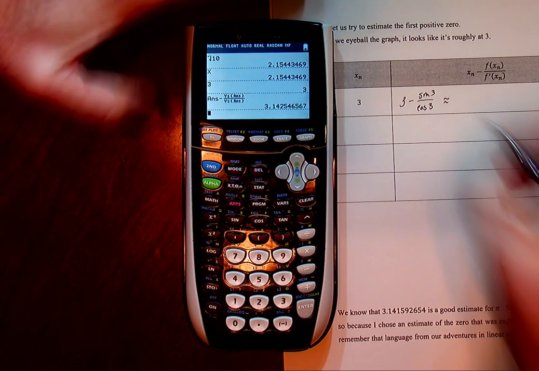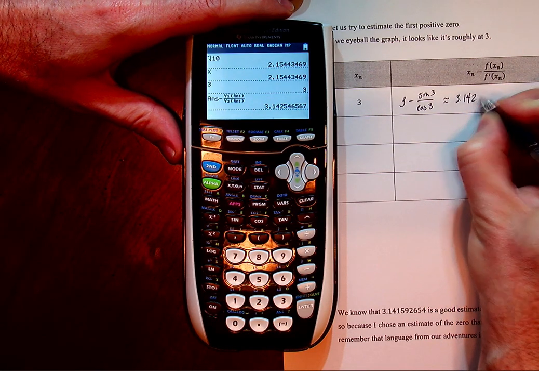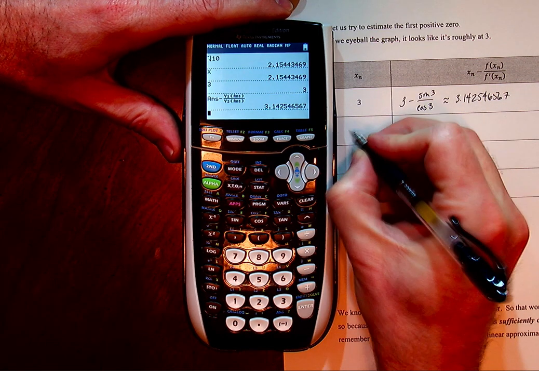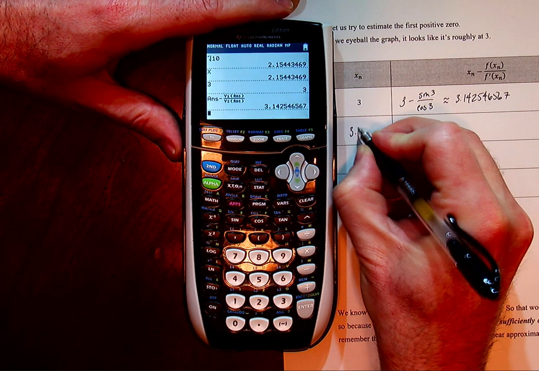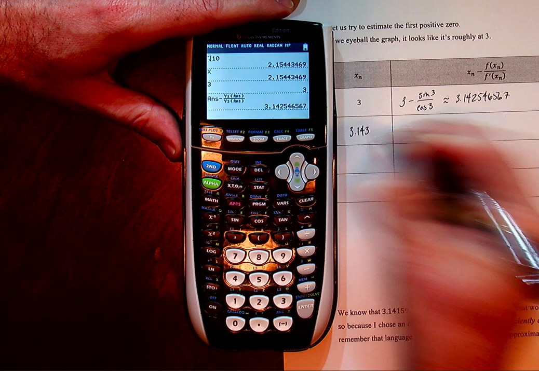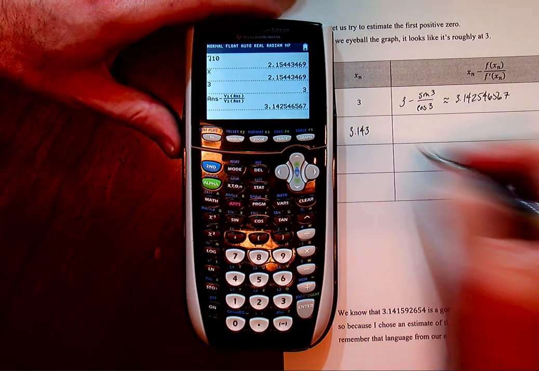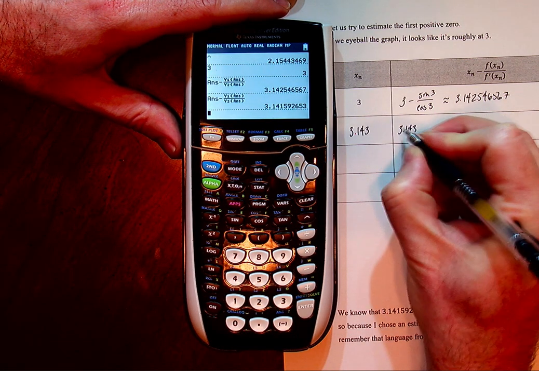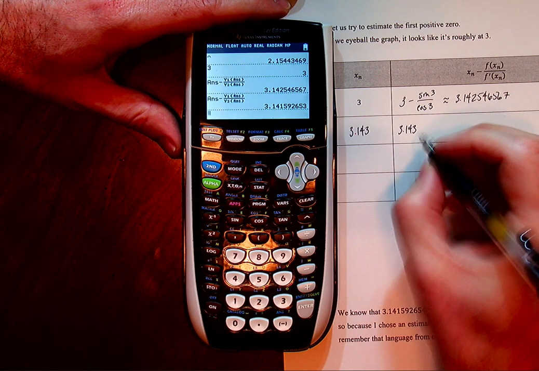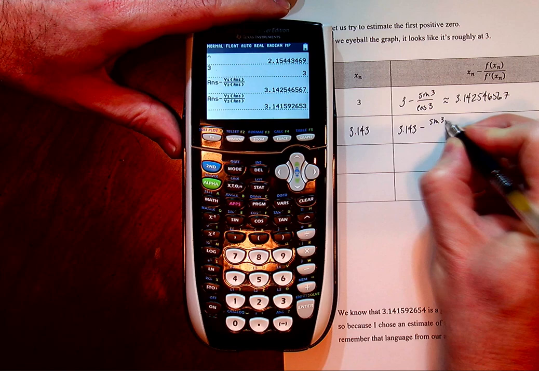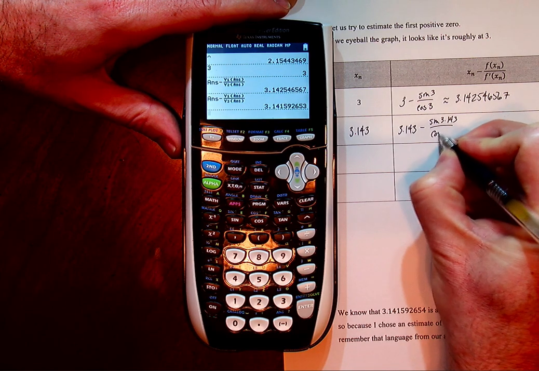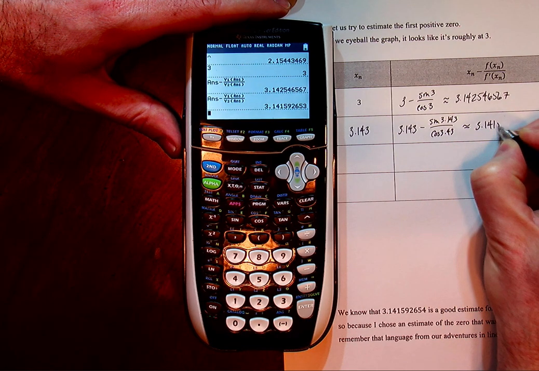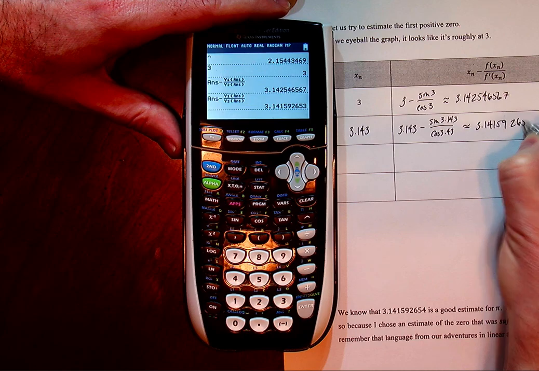And what the calculator gives you is 3.1425465667. Now this value goes into here, and I'm not going to do the whole thing, just an approximation of that because there's not enough room. That's going to be 3.143, which is shorthand for that actual value, minus sine of 3.143 over cosine of 3.143, and that has given us 3.141592653.